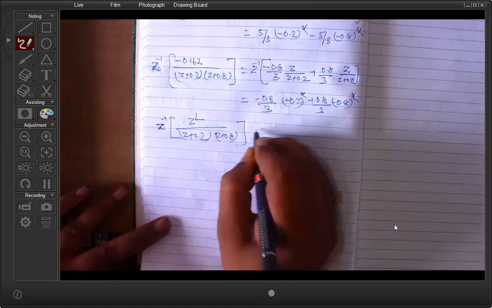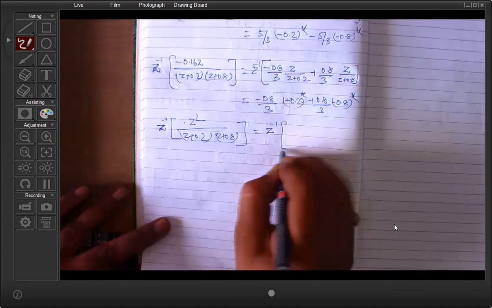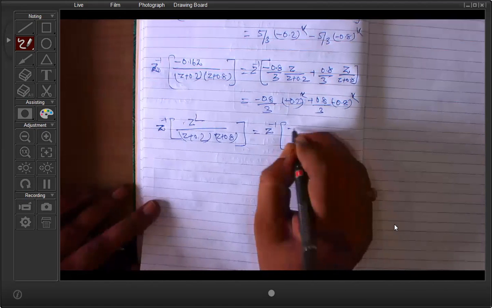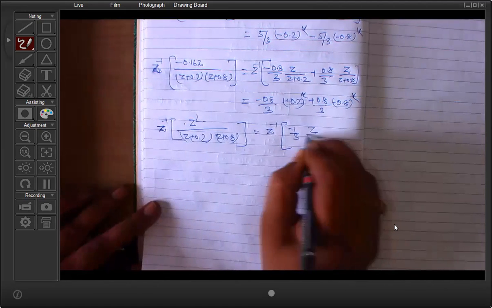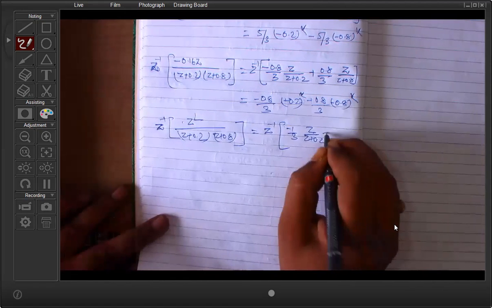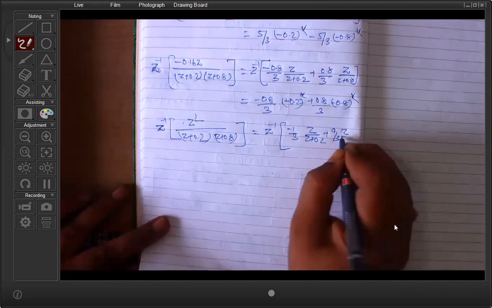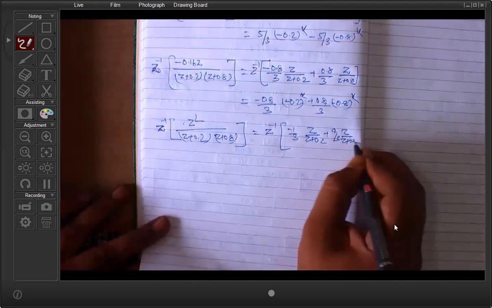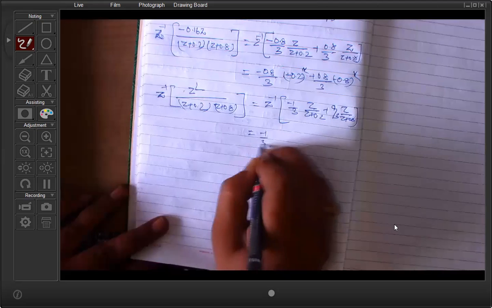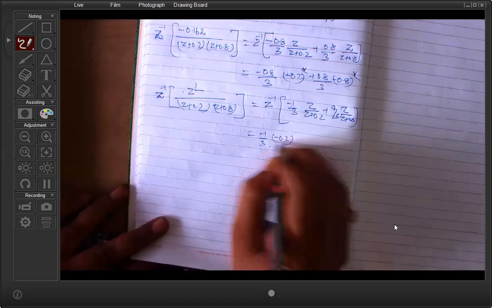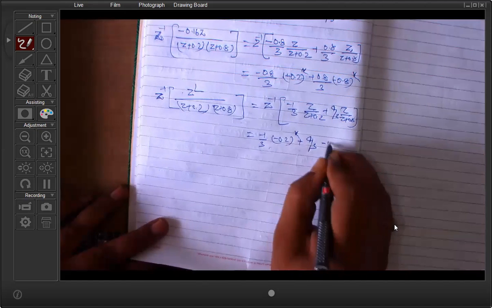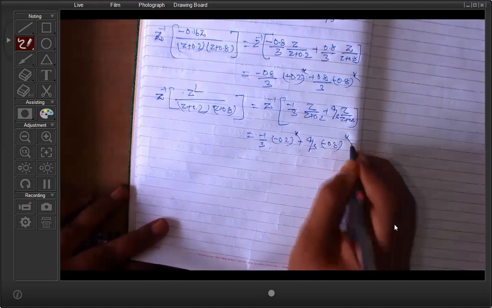Its factors will be minus 1 by 3 z by z plus 0.2 plus 4 by 3 z by z plus 0.8. So finally its value will be minus 1 by 3 into (minus 0.2) to the power k plus 4 by 3 into (minus 0.8) to the power k.